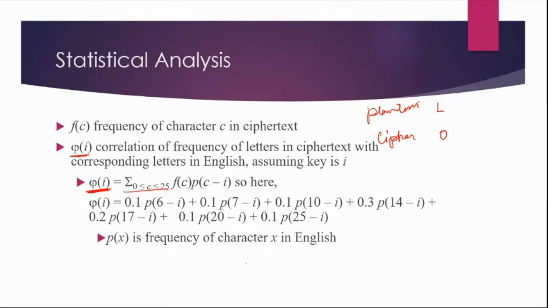The method will be the same, only the ranges will change, right? So what is this correlation? How can we establish this correlation? This correlation is actually the sum of the frequencies of letters in ciphertext multiplied with the corresponding frequencies of letters in English text, assuming I as the key, right?